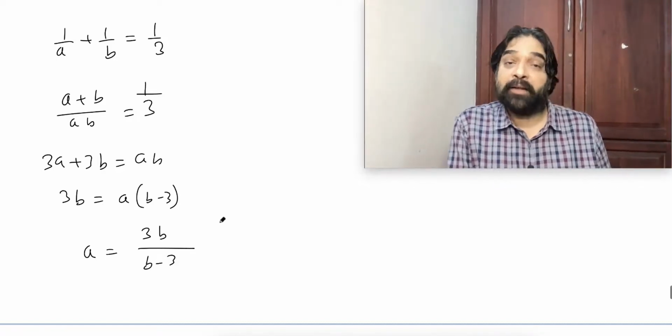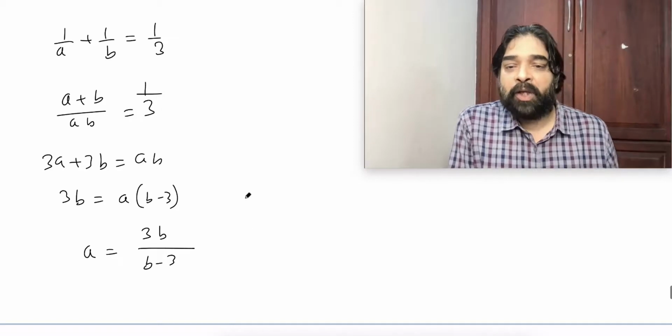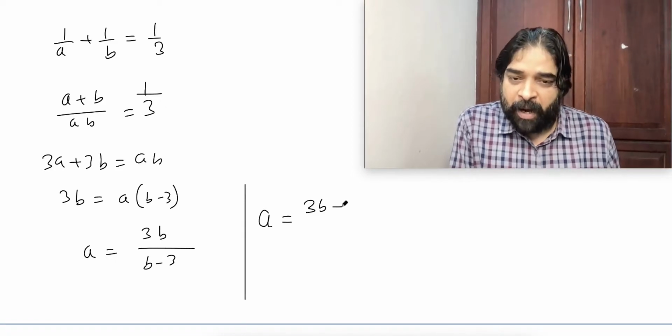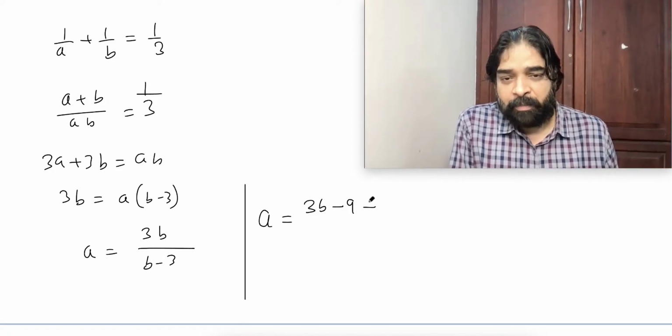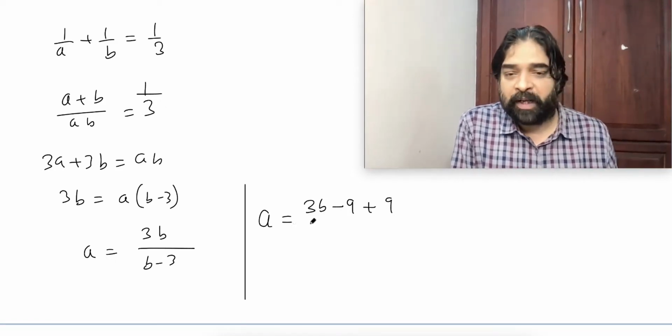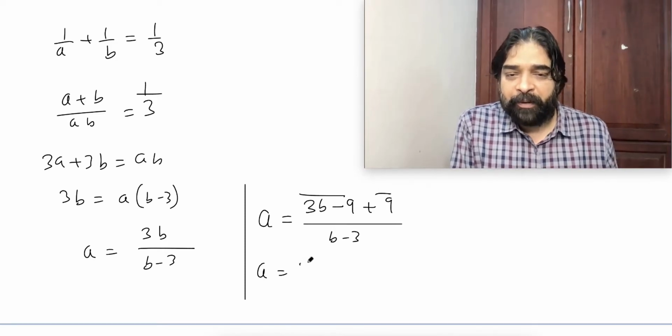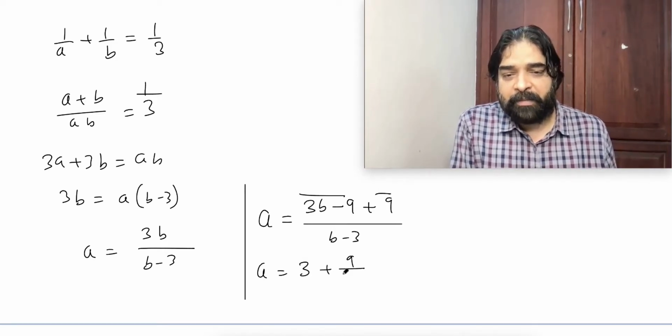Since a and b both are integers, a equal to 3b minus 9 plus 9 by b minus 3. I just added minus 9 and subtracted. So a equal to 3 plus 9 by b minus 3.